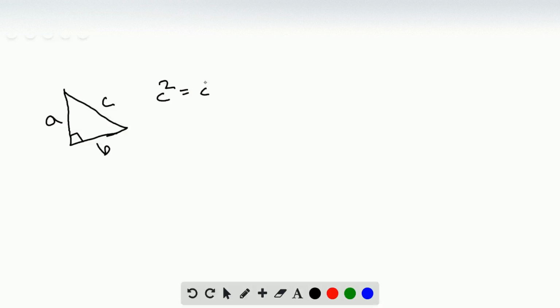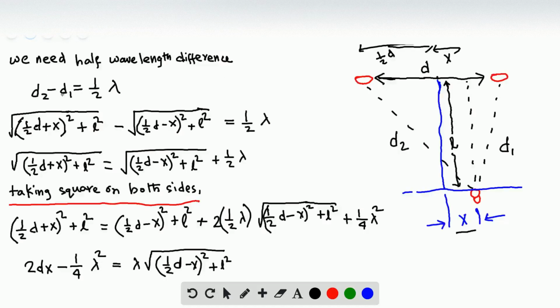In other words, C is the square root of A squared plus B squared. So that's what is done here.